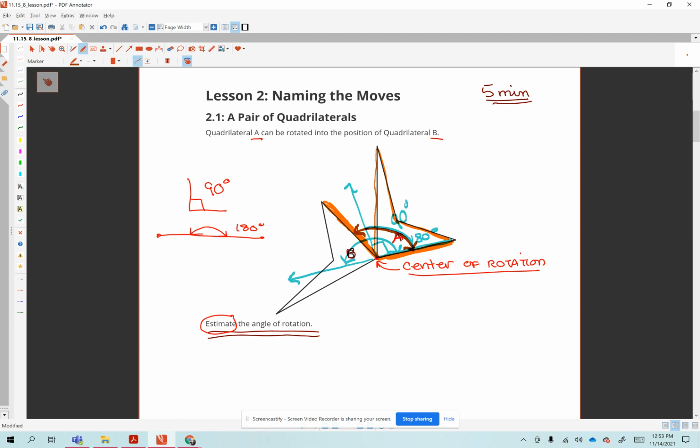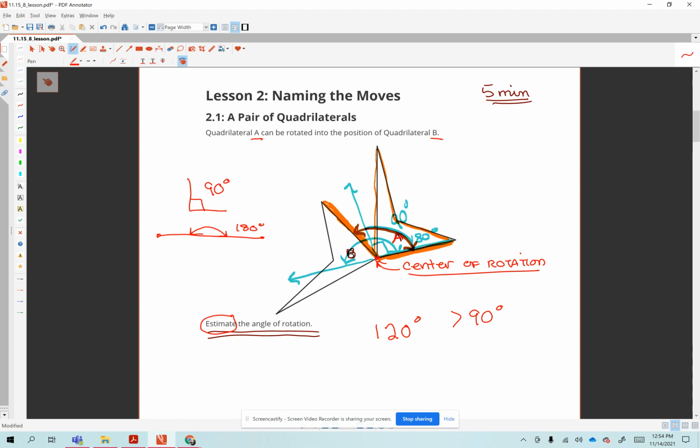If we were to measure this, we would see that the angle of rotation is indeed 120 degrees, but we could estimate it definitely greater than 90 degrees, and it's significantly less than 180 degrees. So maybe in your estimation, you got to 125, 130, but you get the idea. You know that we use the guidelines of 90 degrees and 180 degrees to give an estimate.